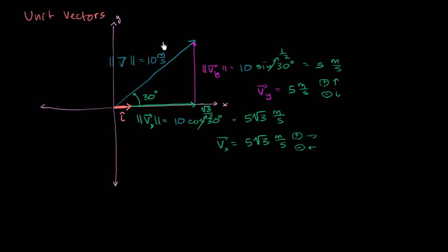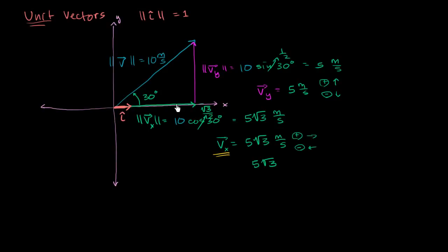And the unit vector tells us that its magnitude is 1. So the magnitude of the vector i hat is equal to 1, and its direction is in the positive x direction. So if we really wanted to specify this x component vector in a better way, we really should call it 5 square roots of 3 times this unit vector, because it's 5.